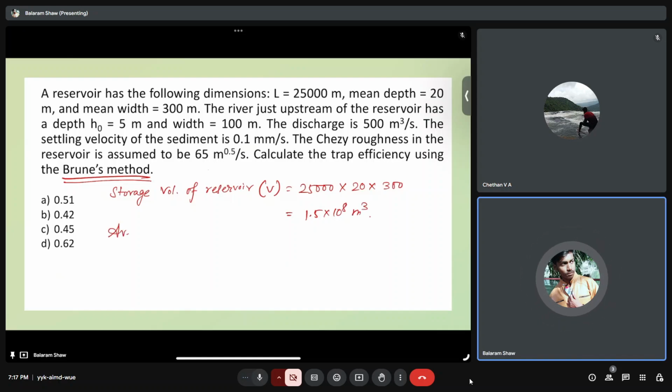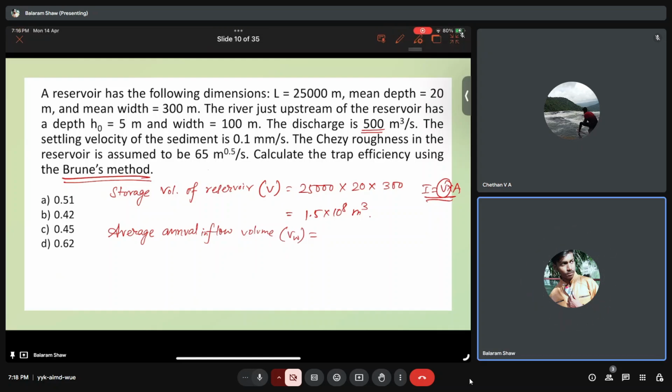And other thing that we need in this method is average annual flow volume. Right? So VW will be equals to, so discharge is how much? So I have written there, right? And how do you calculate the inflow value? I is equals to velocity into area. Right, now you need the inflow volume, sorry. So inflow volume you calculate as 500 into the total time.